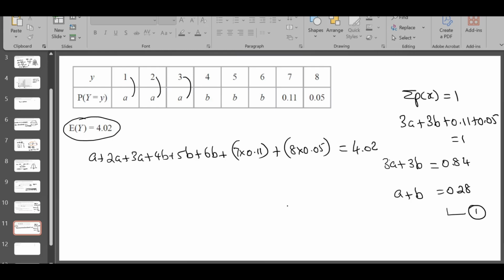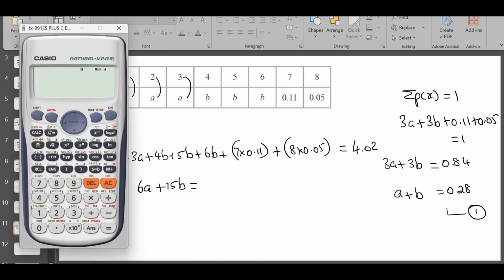Frame another equation. You'll get 6a plus 15b is equal to 4.02 minus 7 times 0.11 minus 8 times 0.05. We'll get 2.85.